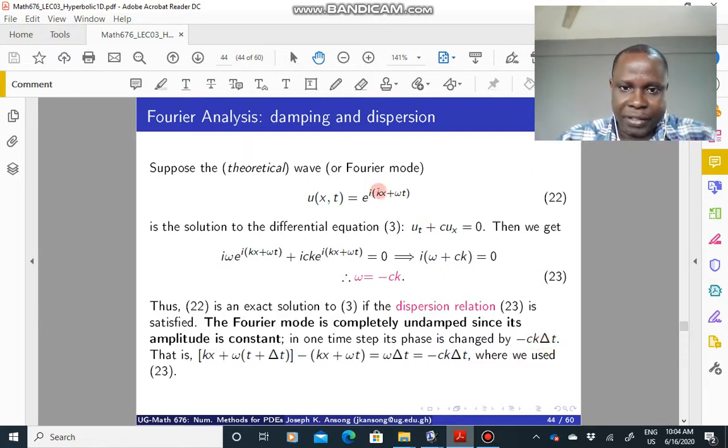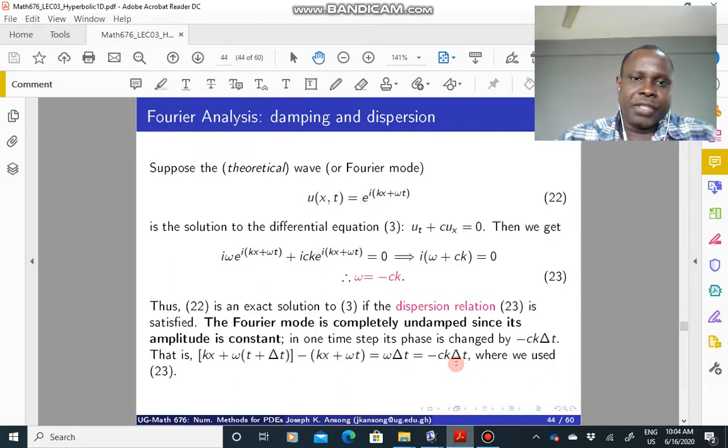Now the phase is given by this quantity in brackets here. So at t plus delta t, if you subtract the original phase, you are going to get omega delta t, but omega is given by equation 23, so you get negative ck delta t. So naturally, this is the phase change with time. So the Fourier mode here has a fixed constant amplitude, and the phase change is given by this.